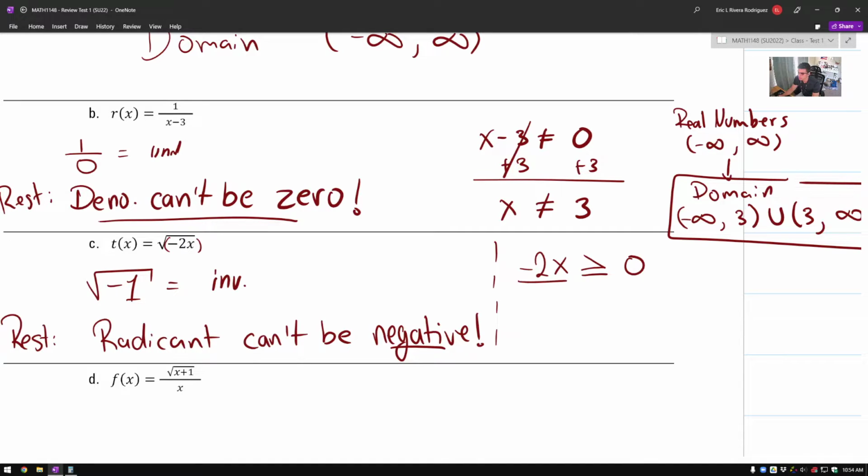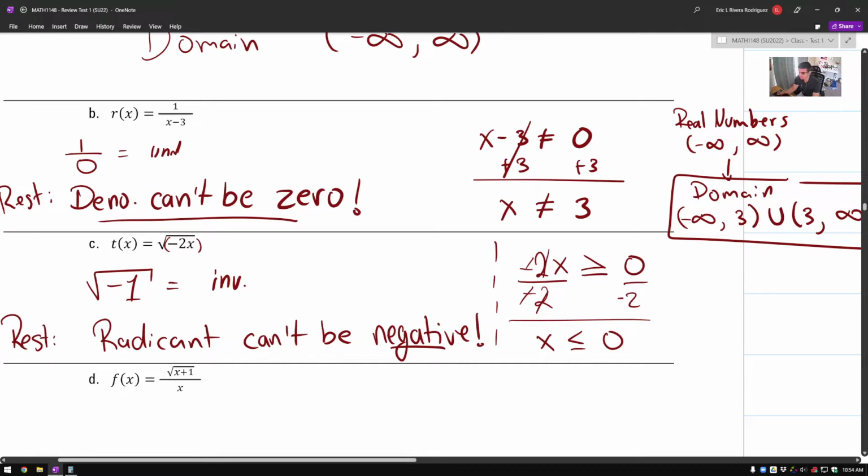When we solve for x, we divide both sides by -2. When we are dividing by -2, in the inequalities, if there is a negative, the inequality flips. So then x needs to be less than or equal to 0, because 0 over -2 is just 0.